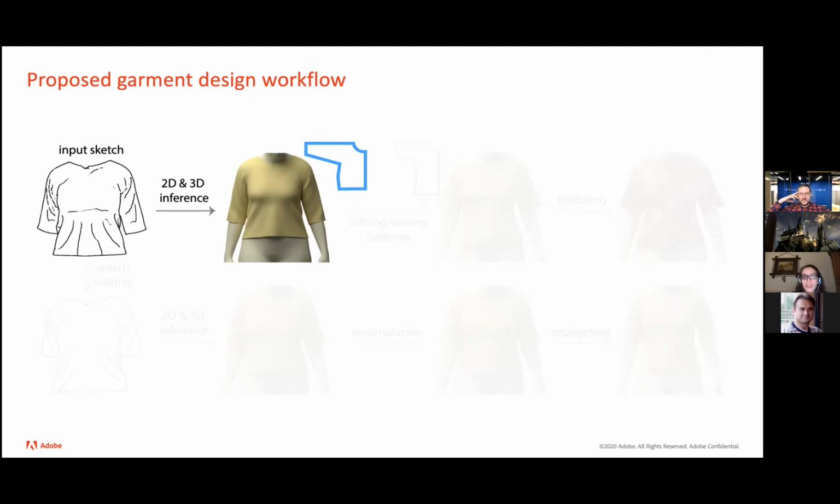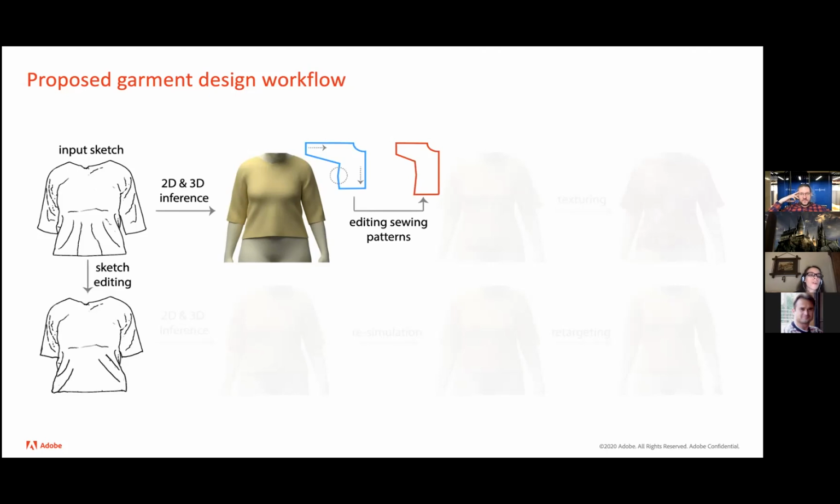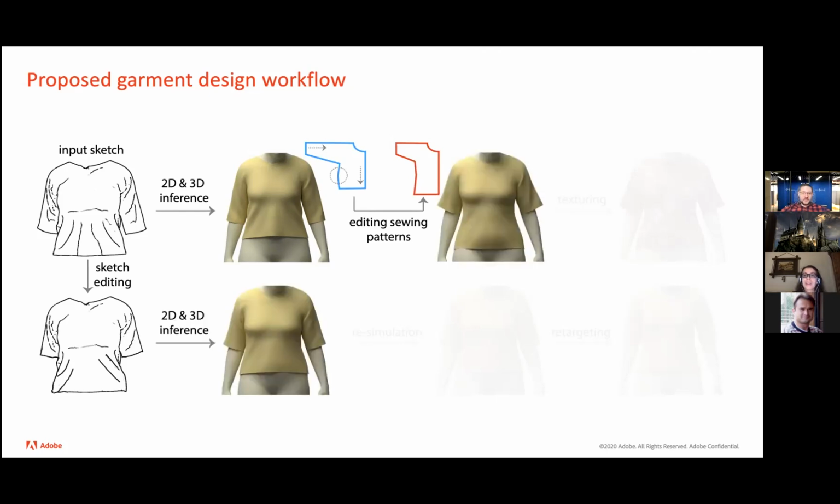Given these predictions, then the user can either make edits to the patterns themselves directly by changing their parameters, or can go back to the sketch and make some changes to the sketch by maybe adding some new fold lines. With these updates, the system will also update its predictions, and the designer can go back and forth between these different design spaces.